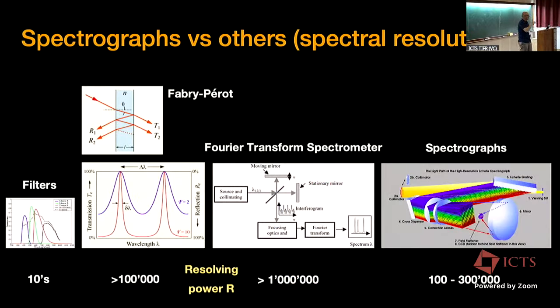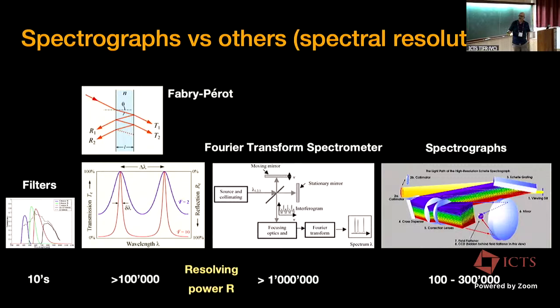Okay, so this was the introduction because I wanted to summarize it a little bit with these next two slides. So we can go from simple filters to more sophisticated interference filters like the Fabry-Perot etalon. We can do Fourier transform, and we can do spectrographs. Here, this is of no interest to do high-resolution spectroscopy.